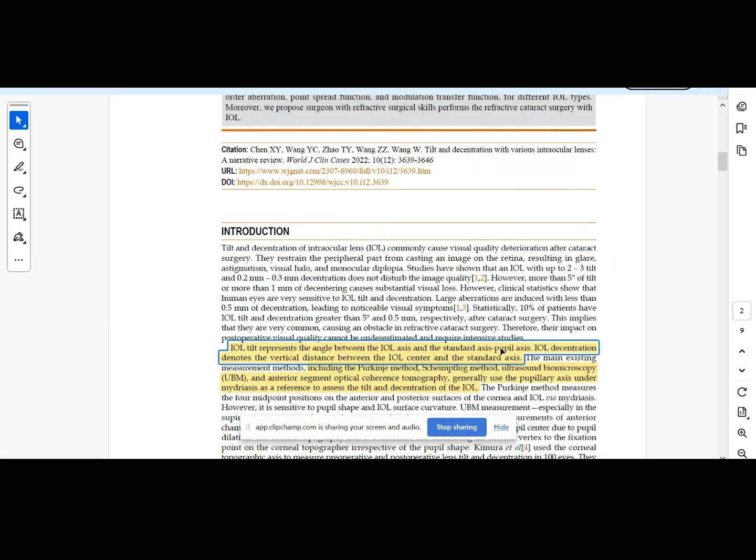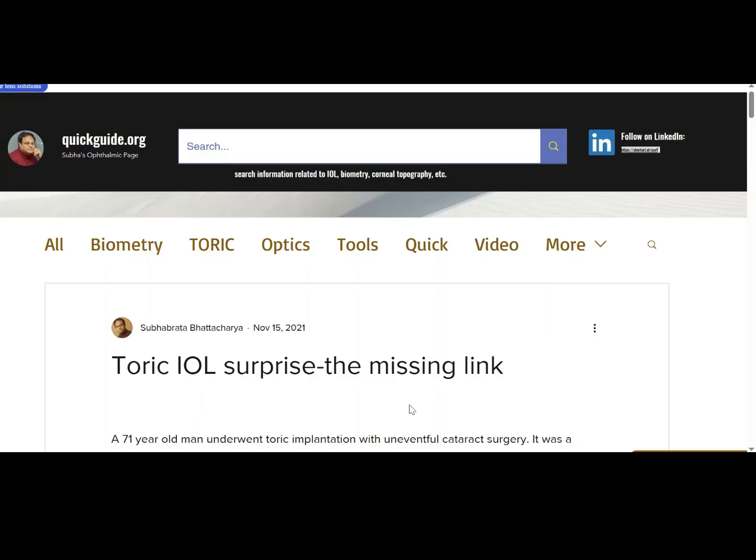This standard axis could be the pupillary axis, or it could be an axis going through the corneal vertex. But whatever it is, IOL tilt is an angle, while IOL decentration is a distance between the IOL center and the axis you are taking as reference.